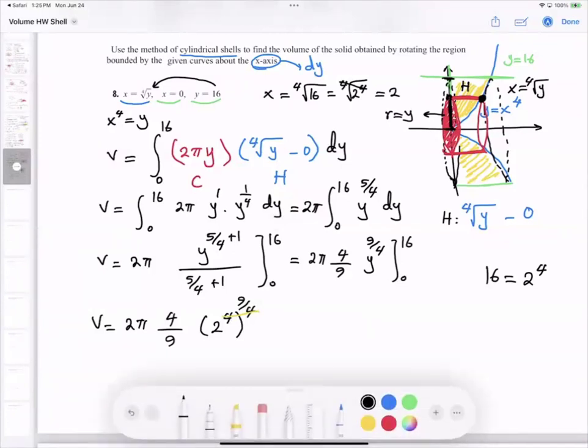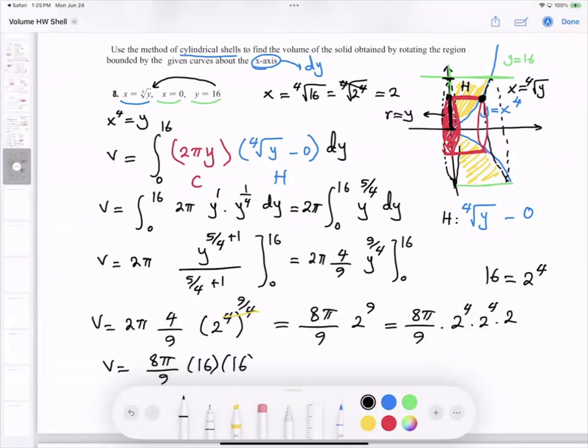It's a large number. Maybe one of you can do the calculation. 8 pi divided by 9, 2 to the power 9 can be written as 2 to the power 4 times 2 to the power 4 times 2. Okay, can someone use a calculator and compute this for me? 8 pi over 9 times 16 times 16 times 2, or 16 times 16 times 16 times pi over 9.